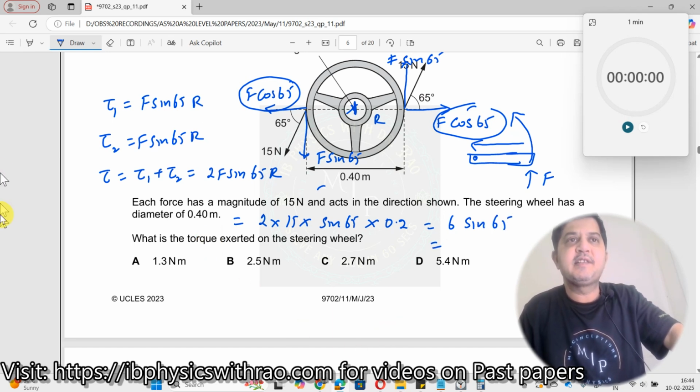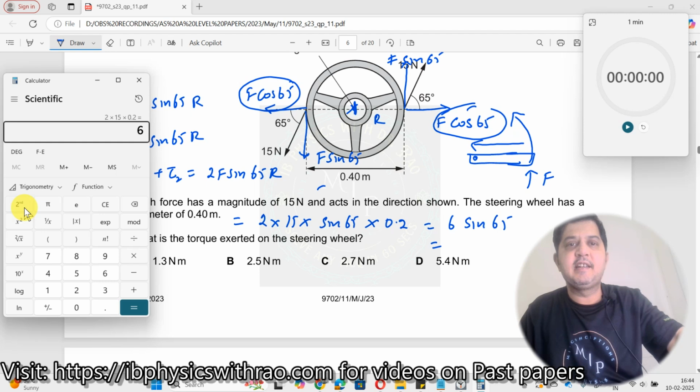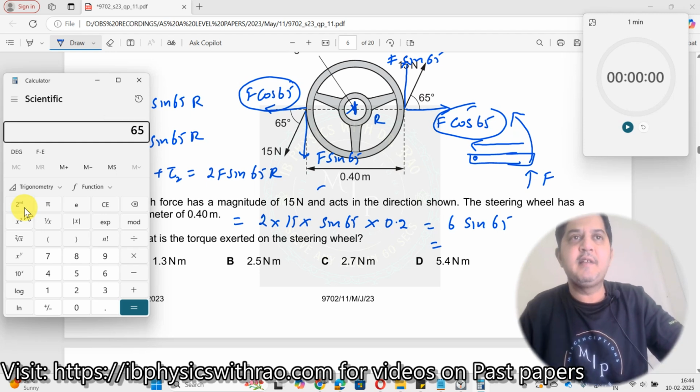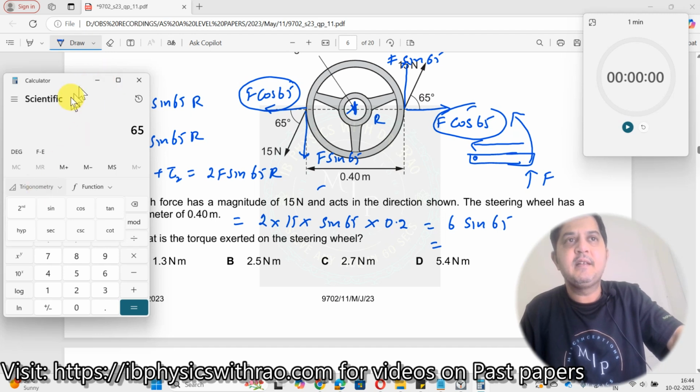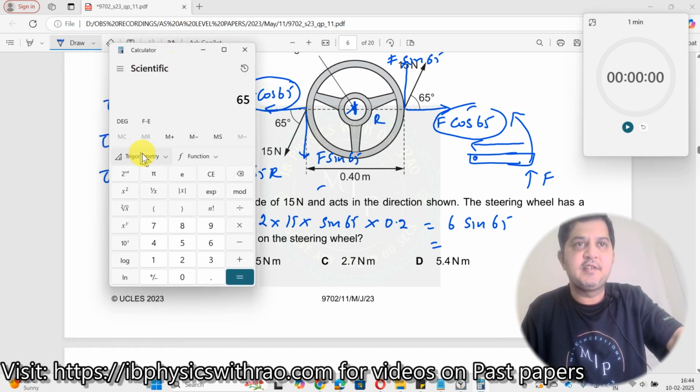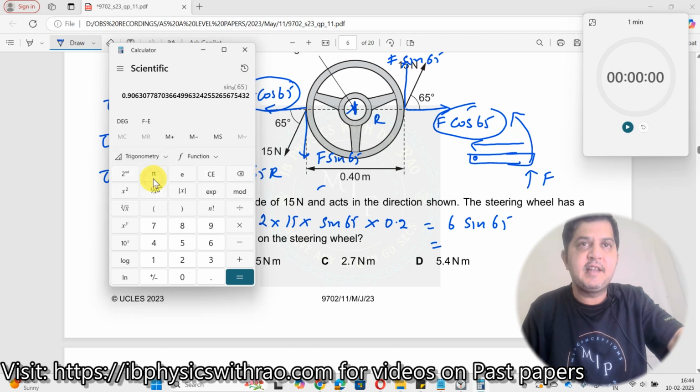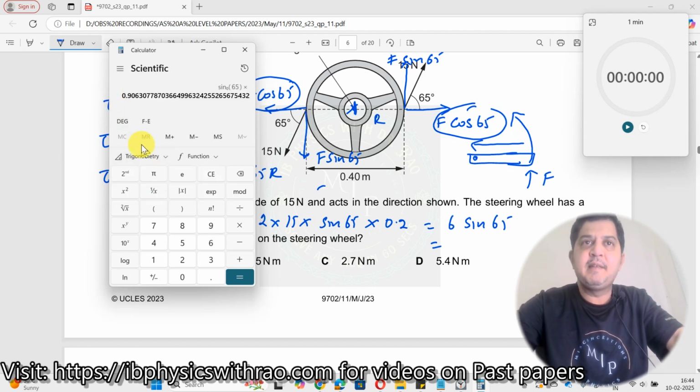Let me calculate sin 65 first so that I get it correctly. Sine of 65 would be 0.906. This multiplied by 6.